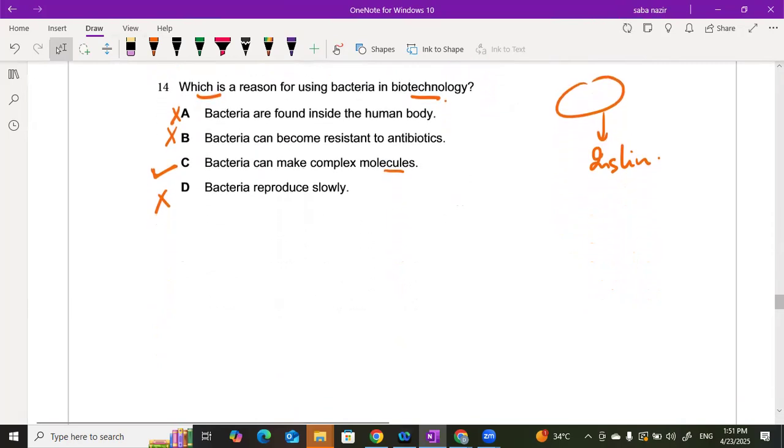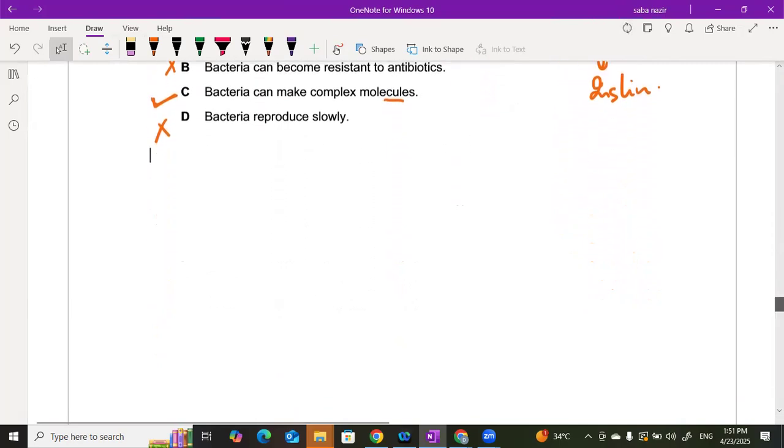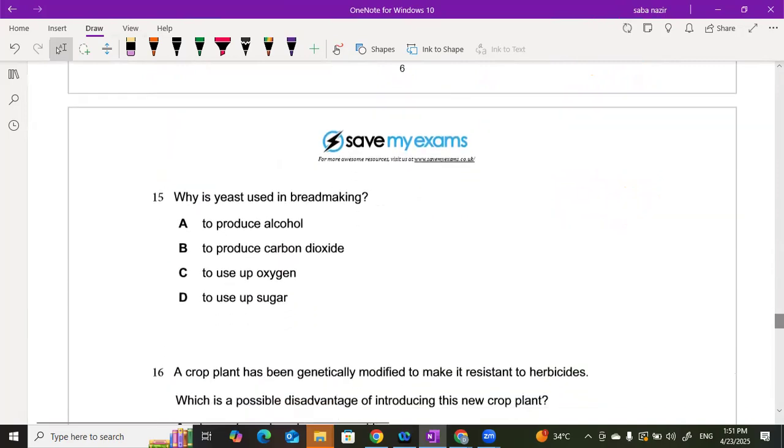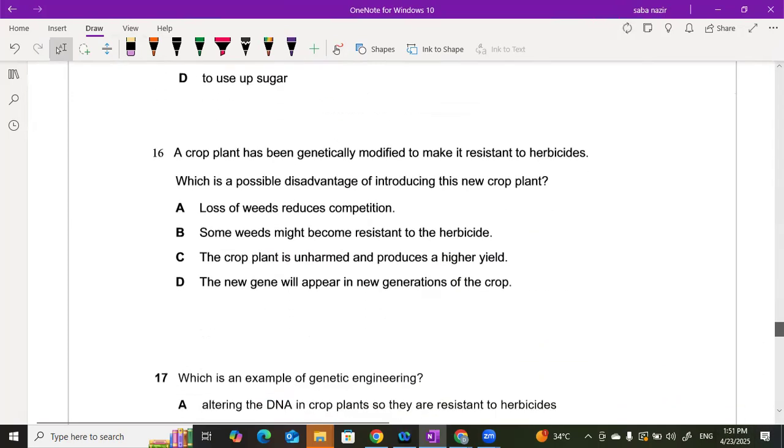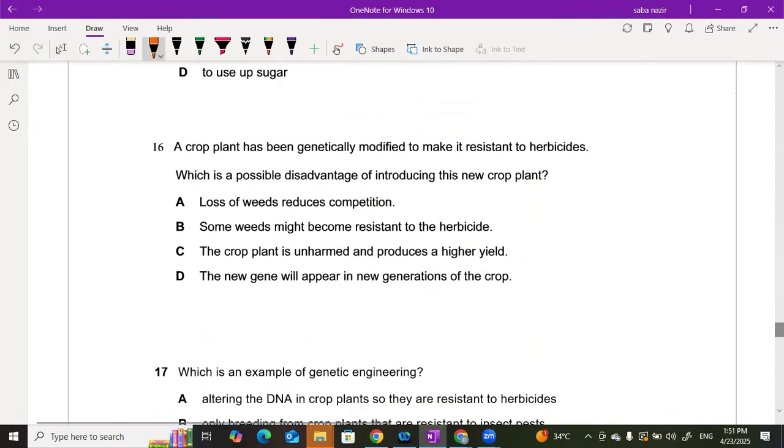And then our next question is based on the use of yeast in baking. Why are we using yeast? Because yeast produces carbon dioxide that makes the dough rise. Then in the next case, a crop plant has been genetically modified.